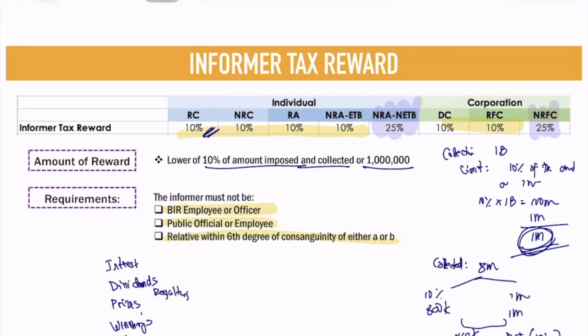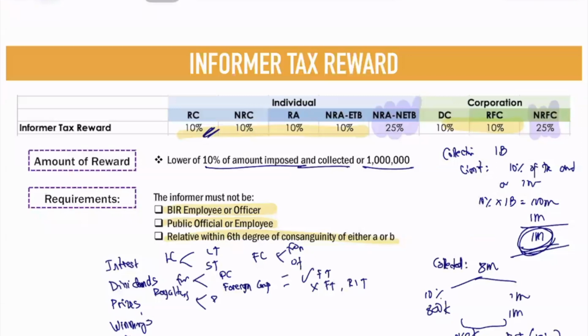So for interest, again, determine whether long-term or short-term. For local currency. For foreign currency, determine if from or off. For dividends, determine if from a domestic corporation or foreign corporation. If coming from domestic corporation, can be subjected to final tax. From foreign corporation, no final tax, generally RIT.